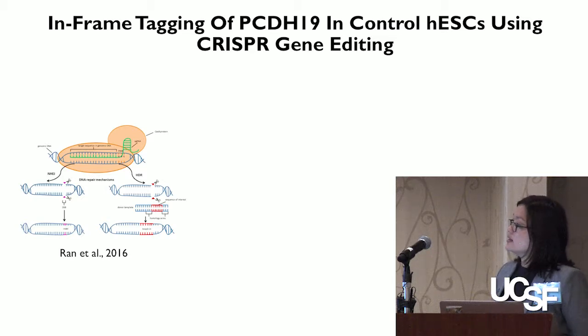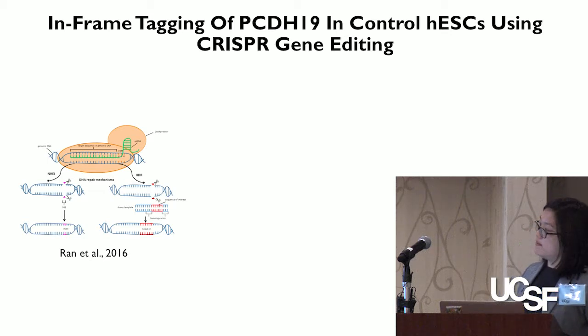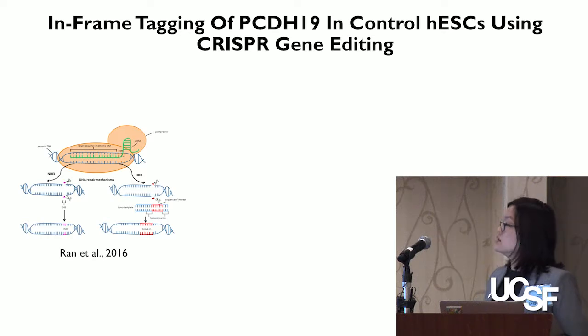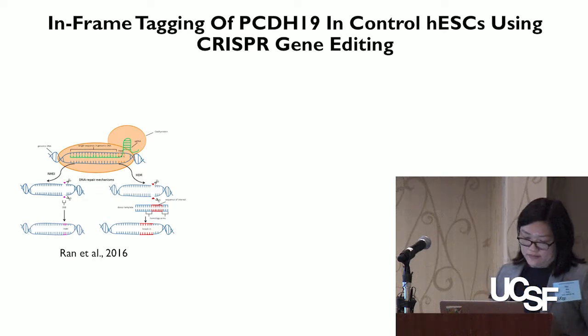The second mechanism of Cas9 is, if we tell the Cas9 nuclease to cut PCDH19 at a particular location, and give the cell a repair template, and the repair template can contain any sequence you want to put in, then the cell will use its native repair mechanism to integrate this sequence of your interest into the genome.